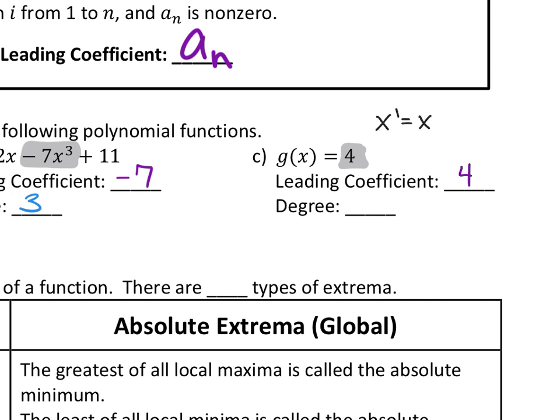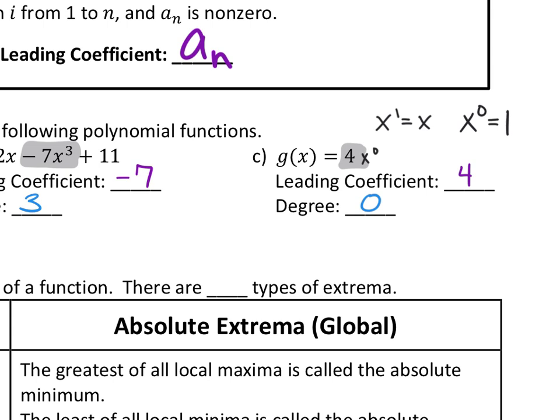Do you see an x in this formula? What happens when you take x to the 0 power? What does that equal to? 1. This is like 4 times x to the 0 power, since the x term is gone. So what's the actual degree here? 0. So your constant functions technically have a degree 0.